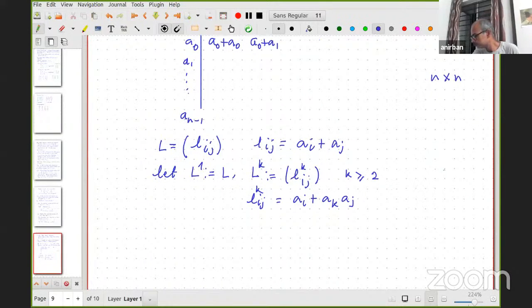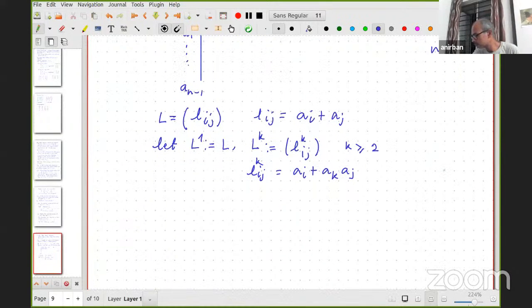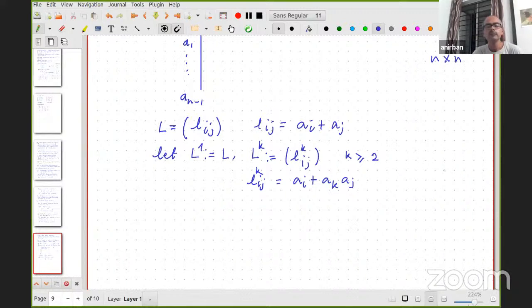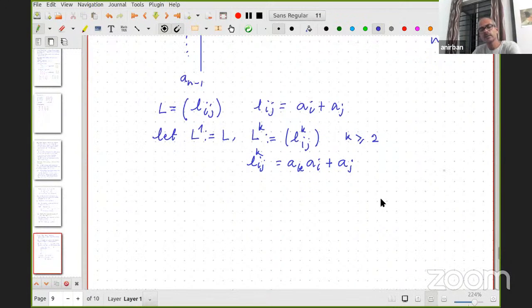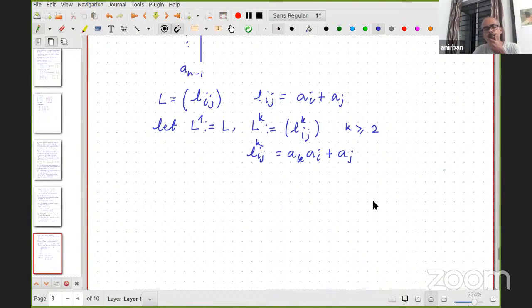Okay, I just make a slight change. This is also going to work, but I would do this to stick to my notation.